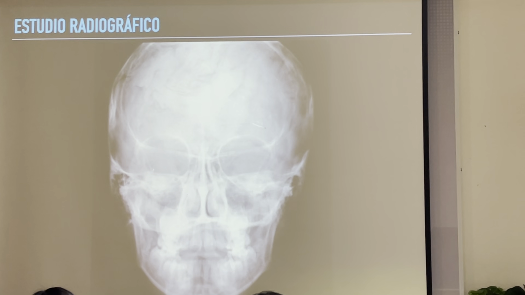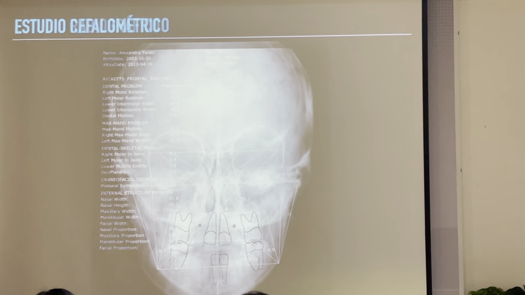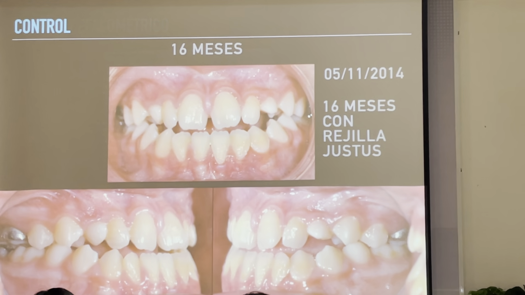So maybe in this case, I would expand the maxilla with the McNamara appliance. After that, I will place the grip. Only then should the tongue crib, the tongue spurs, be placed.